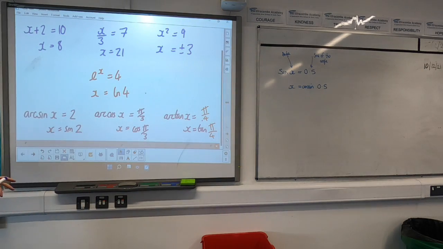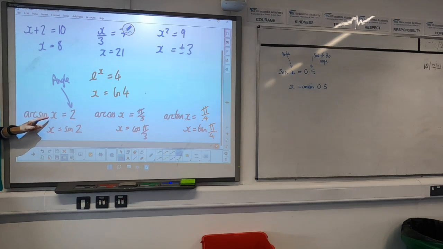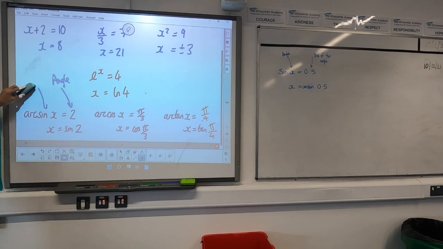Right, in these sorts of statements, this is the angle. We're saying, okay, this is the sine of the angle, so we're doing shift sine of that gives us the angle. So, sorry, x is the sine of the angle.